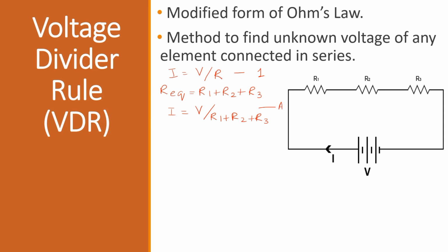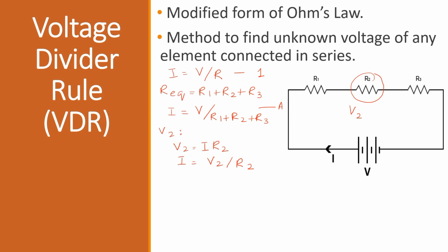Now, if we want to find voltage across this resistor R2, that is V2, then the equation of Ohm's law becomes V2 is equal to I R2. By rearranging, we get I is equal to V2 divided by R2.